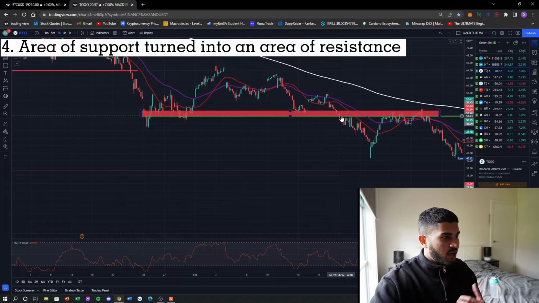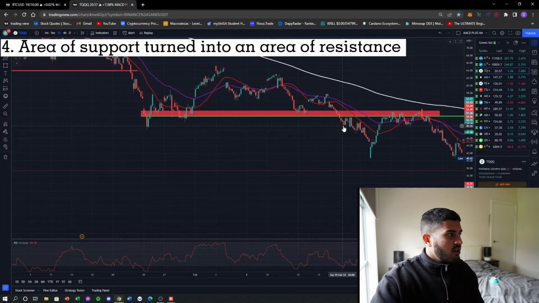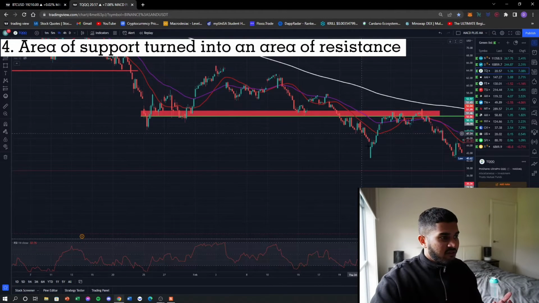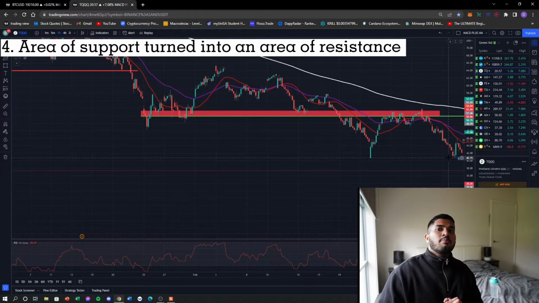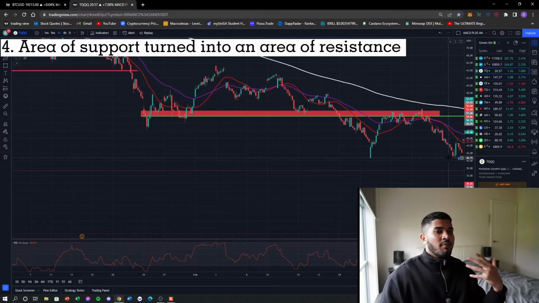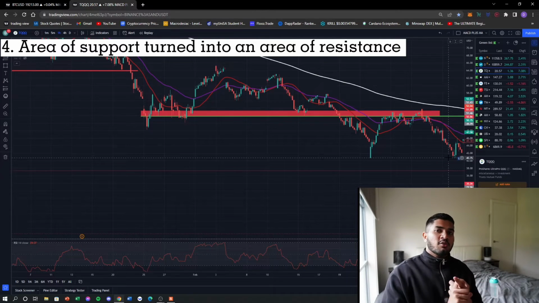But once it did break below, the sellers took control of the stock and prices tried to rise, and this area acted as a resistance level, and it fell back down. The price rallied all the way back up to that area of resistance, which was previously support, and then it broke down below. That is one of the basics of trading, because support can turn into resistance or resistance can turn into support.